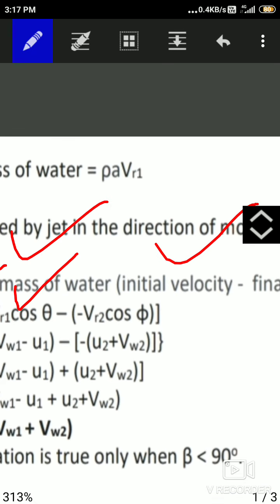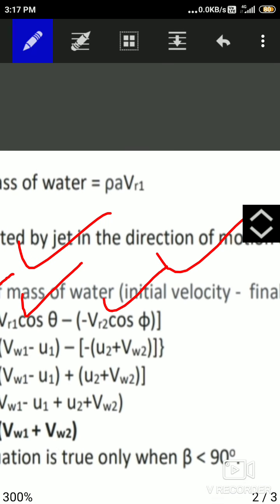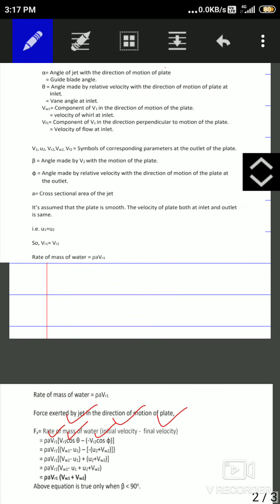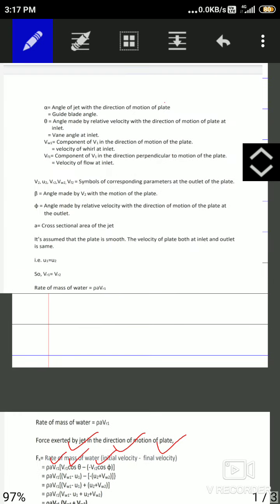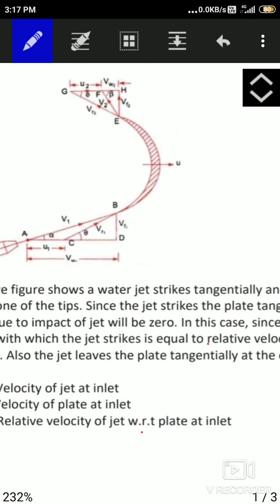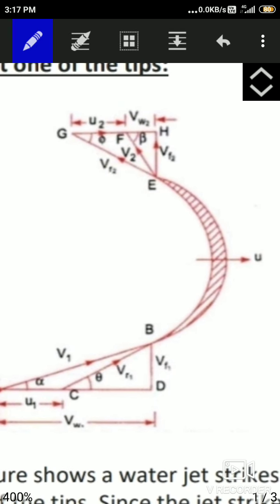The final velocity is again VR2 cos phi. Let's see the figure. This angle is phi, so it will be VR2 cos phi, from here to here.